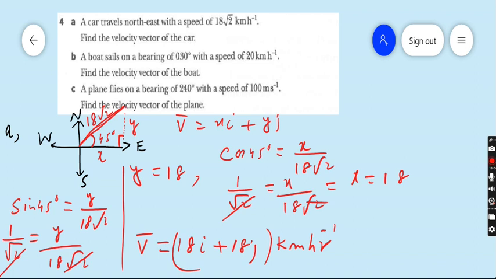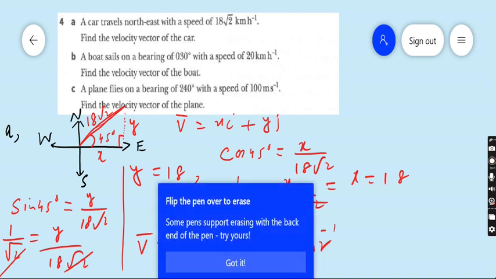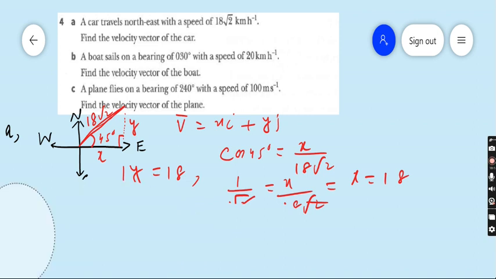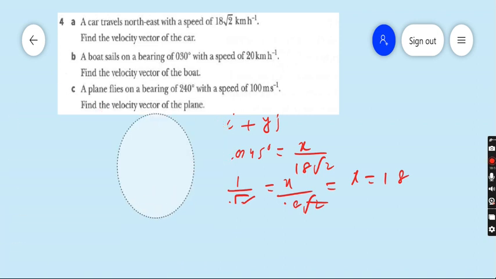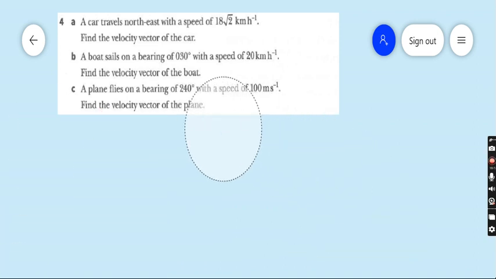Now move to part B. What is part B? A boat sails on a bearing of 30 degrees with a speed of 20 km per hour.